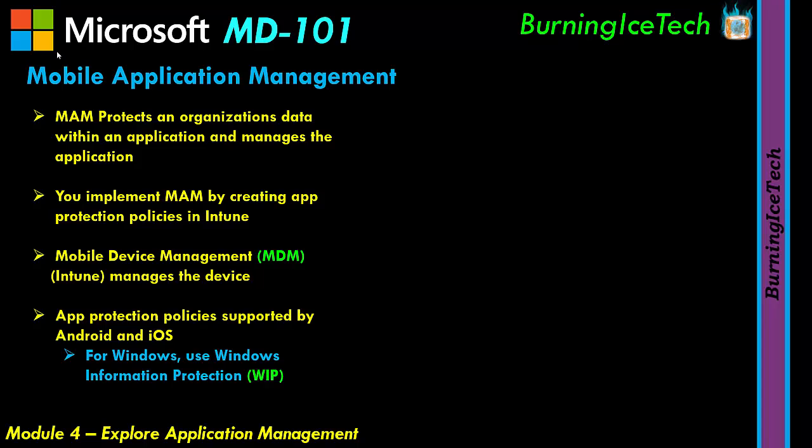The company phone, which obviously belongs to the company, is enrolled in MDM, in other words, Intune, and it is protected by app protection policies, while the personal device is protected by app protection policies only. So what's the difference? The one is enrolled, the other one's not. But either way, they are both protected by the app protection policies. So it doesn't really matter when it comes to protecting the applications.